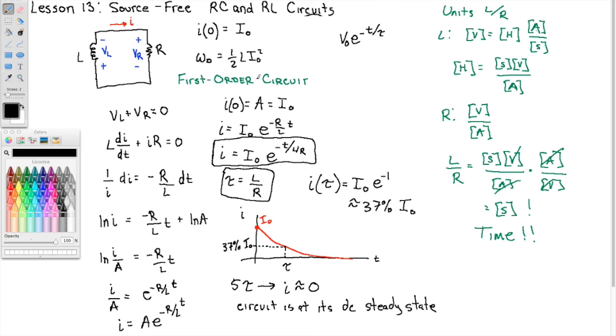Also, just like the RC circuit, remember the energy is related to the current. The energy in the inductor is related to the current squared. So as the current decays to 0, so does the energy stored in the inductor's magnetic field. Where does that energy go? It's dissipated in the resistor, right, via heat or work or something like that.